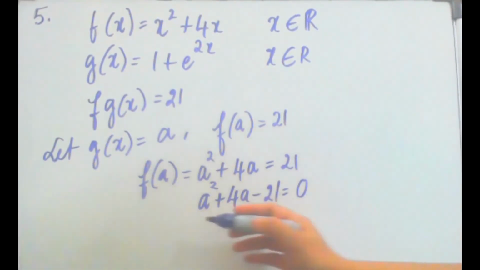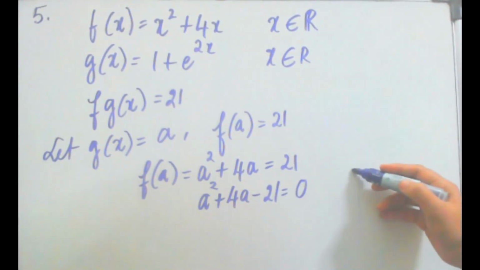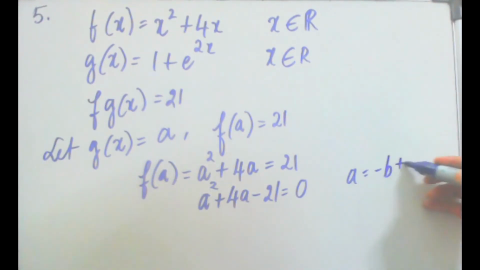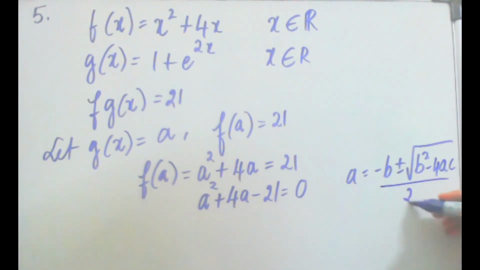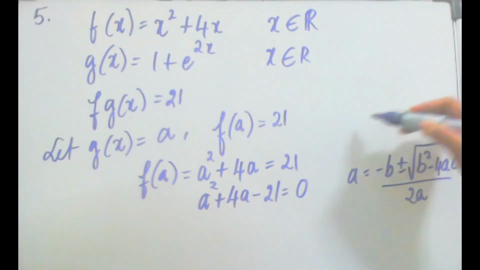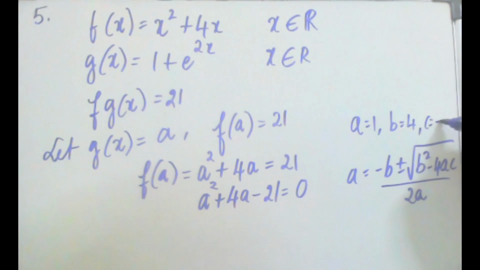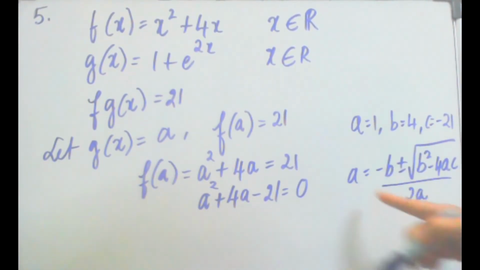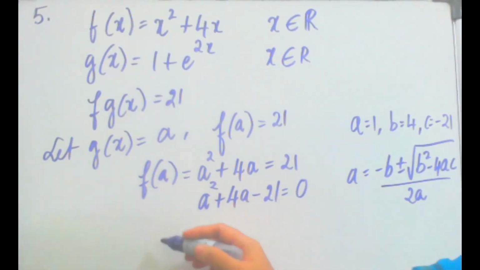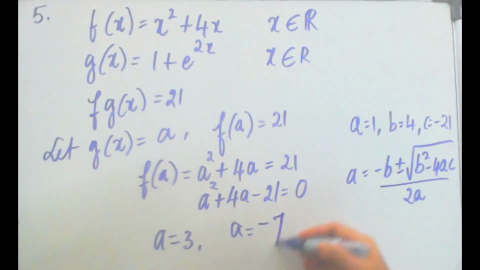If you apply the formula for solving the quadratic equation, which is minus b plus or minus square root of b square minus 4ac, divided by 2a, and substitute a, b and c, where a is 1, b is 4 and c is negative 21, we find two values of a: a is equal to 3 and a is equal to negative 7.